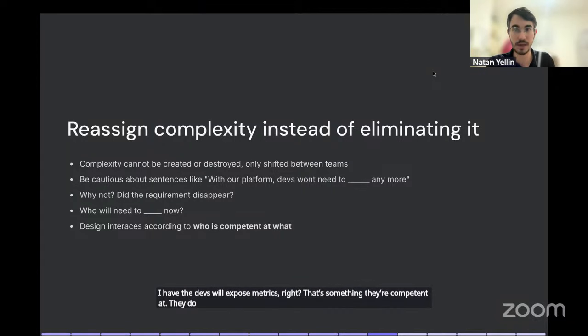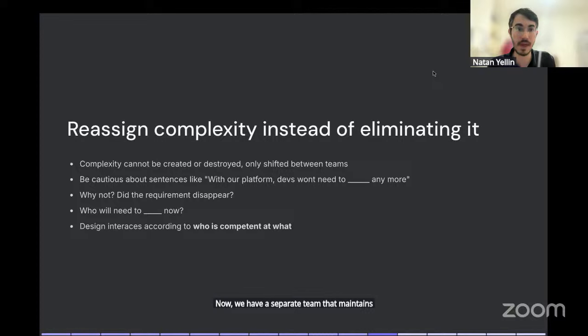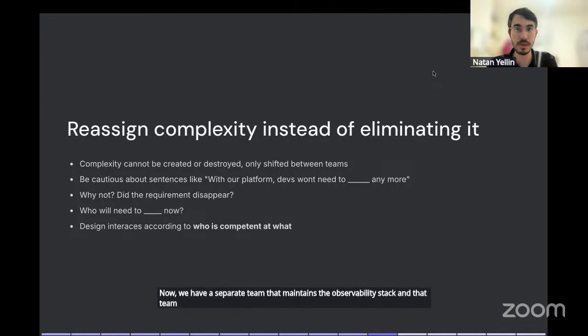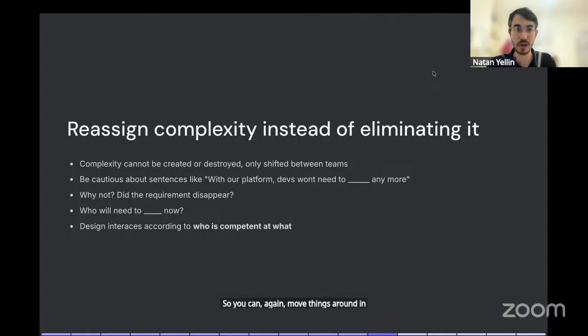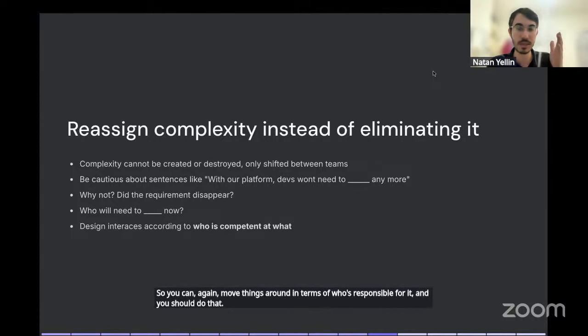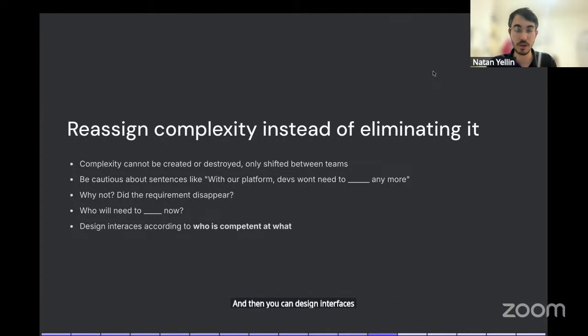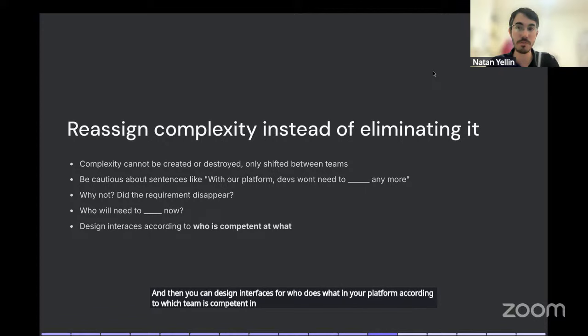They know how to do that. Now, we have a separate team that maintains the observability stack, and that team will automatically scrape these according to these patterns or whatever. Okay, that's great. So you can, again, move things around in terms of who's responsible for it, and you should do that. And then you can design interfaces for who does what in your platform according to which team is competent in different tasks. But you can never make the tasks go away. You can just shift it to other people.